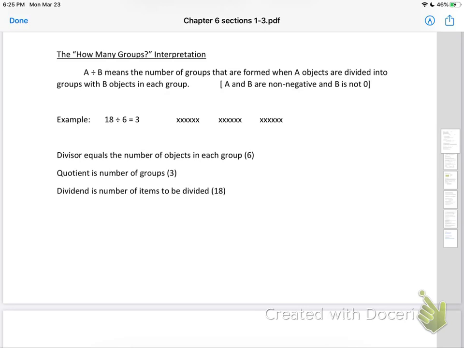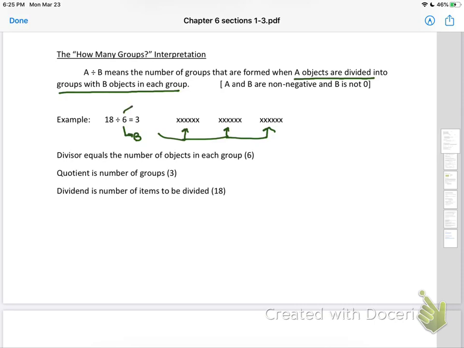Okay, so one interpretation is how many groups. A divided by B means the number of groups that are formed when A objects are divided into groups with B objects in each group. So here A is divided into groups that have B objects in each. In this situation, the divisor equals the number of objects in each group.